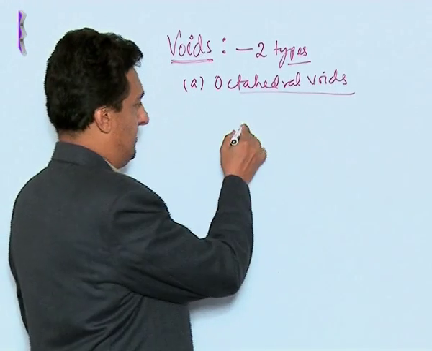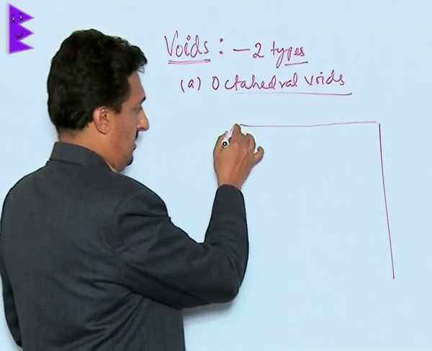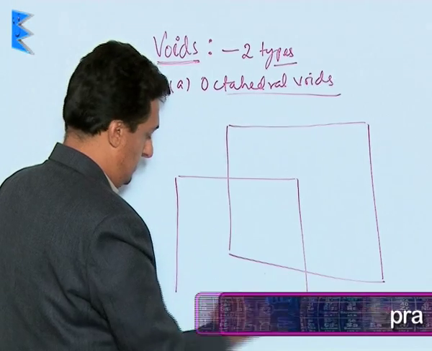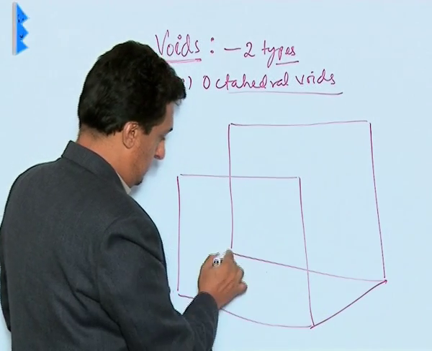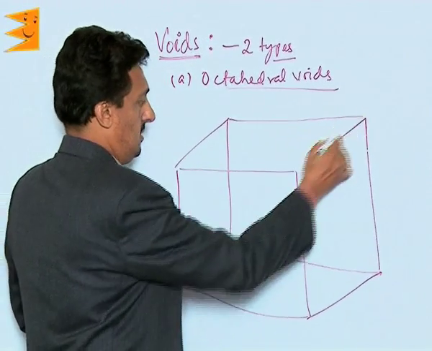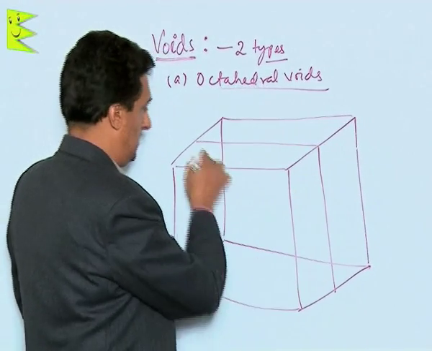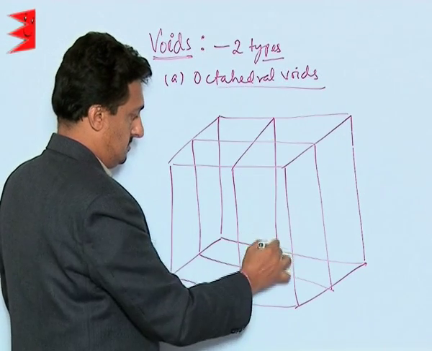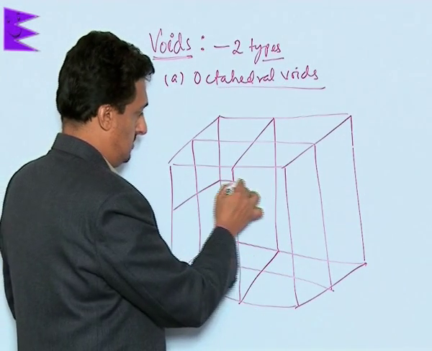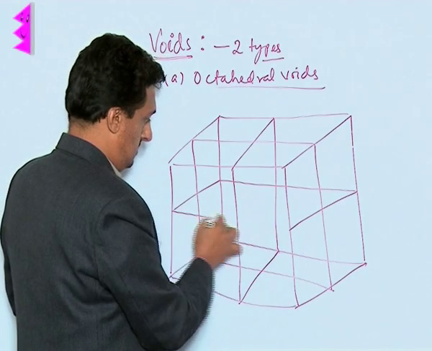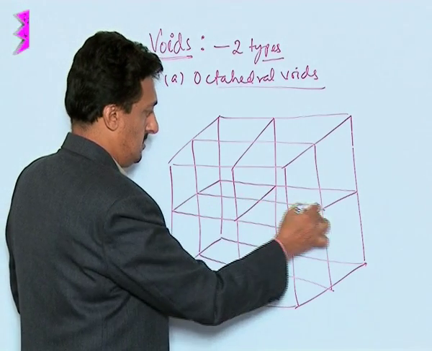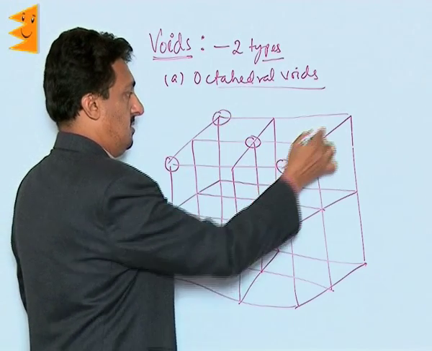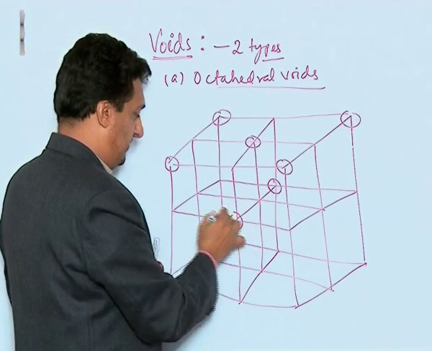Now let us first draw an FCC unit cell. This is one FCC unit cell.